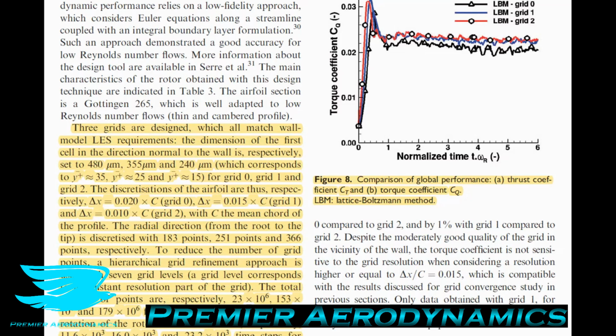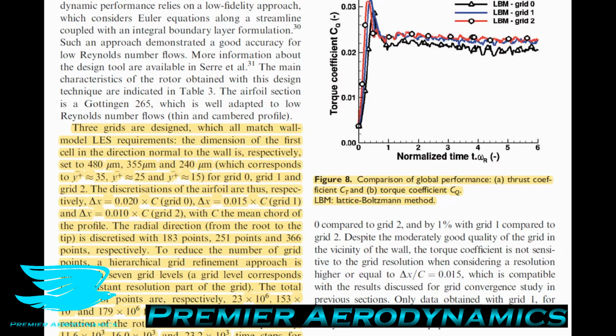Despite the moderately good quality of the grid in the vicinity of the wall, the torque coefficient is not sensitive to the grid resolution when considering a resolution higher or equal to the cell size being 0.015. So I mentioned that the rotor was split up into 66.66666666 recurring points. When you've reached that level of resolution, then the torque becomes insensitive to any higher.